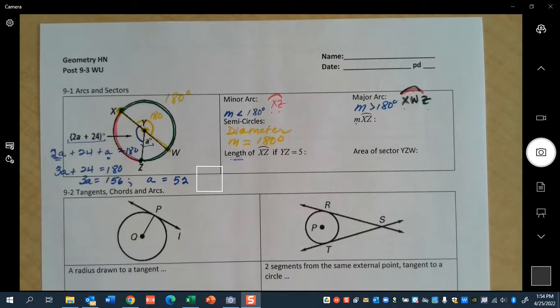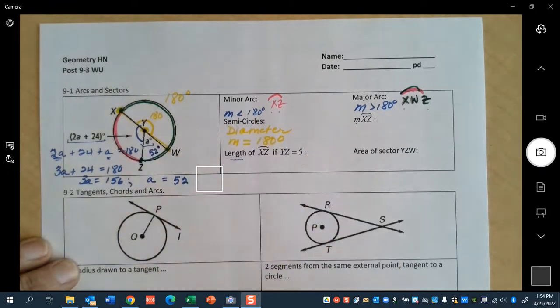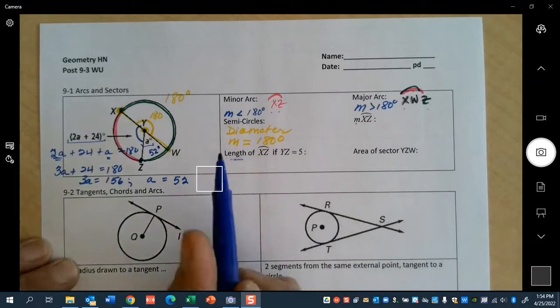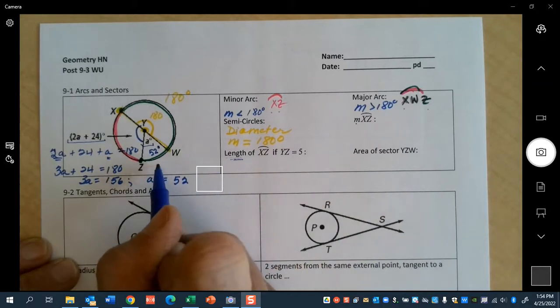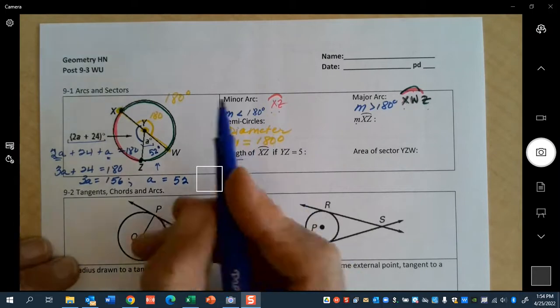All right. Now I know a, now what? So a is 52 degrees. You have to put it into the... Yeah. So you've got a choice here. You can put 52 in here and then subtract 52 from 180. What's that, 128?